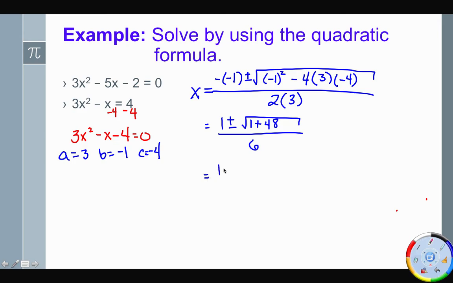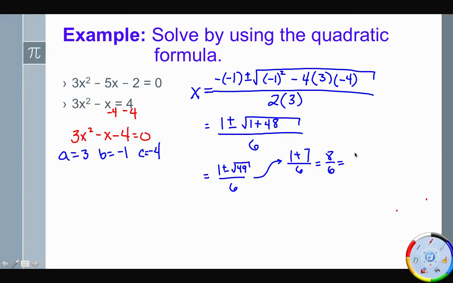This becomes 1 plus or minus the square root of 49 over 6. And if I do the split now, I get 1 plus square root of 49, which was 7 as we found earlier. 1 plus 7 is 8.